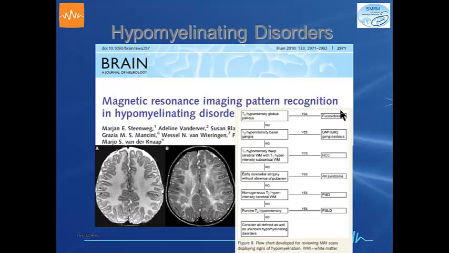And this is a more recent paper talking about hypomyelinating as opposed to the full-blown demyelinating disorders.